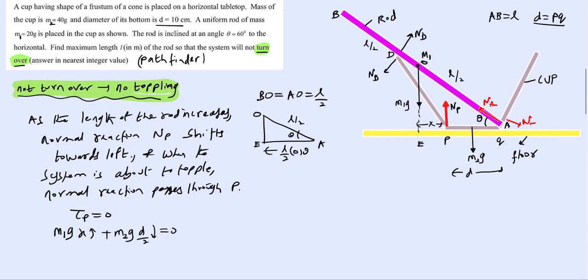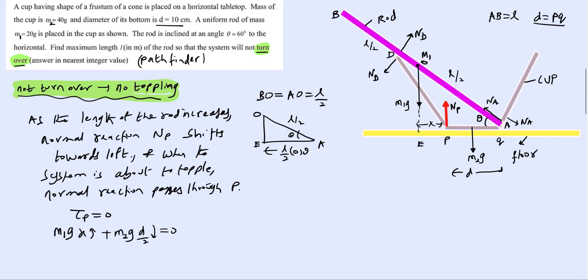Again, the torque due to them about point P, due to these two, will be equal and opposite.